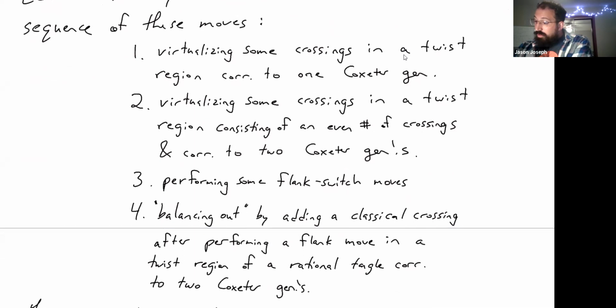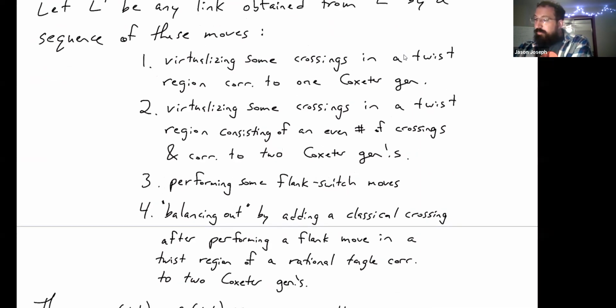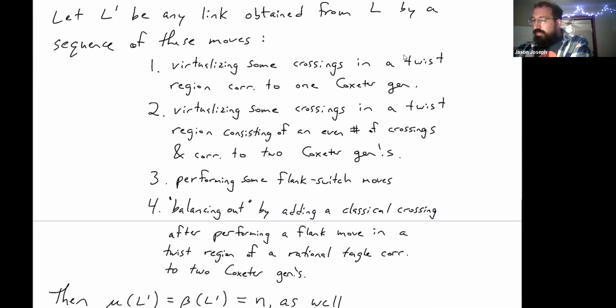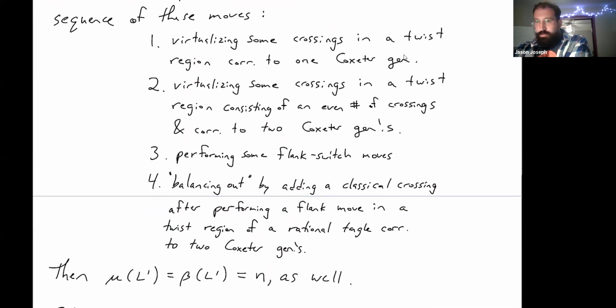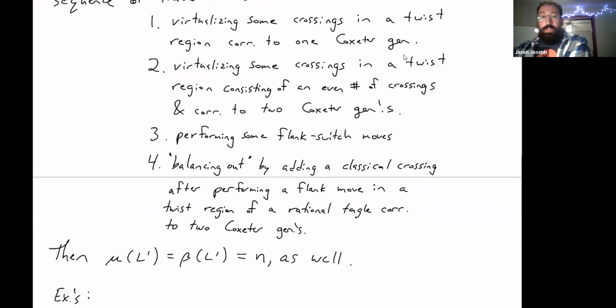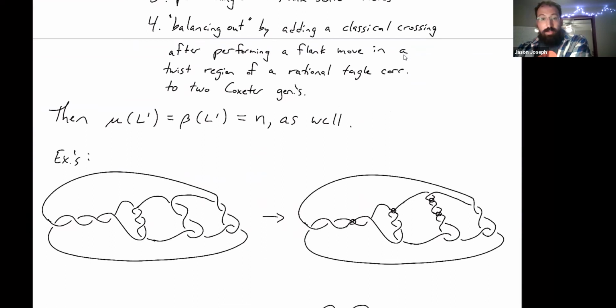And 4, we call balancing out by adding a classical crossing after performing a flank move in a twist region of a rational tangle corresponding to 2 Coxeter generators. It's a mouthful, but if you start with a BBKM link, you can do any of these things. And what's nice is you will not change the bridge number or the meridional rank. It'll still be n.